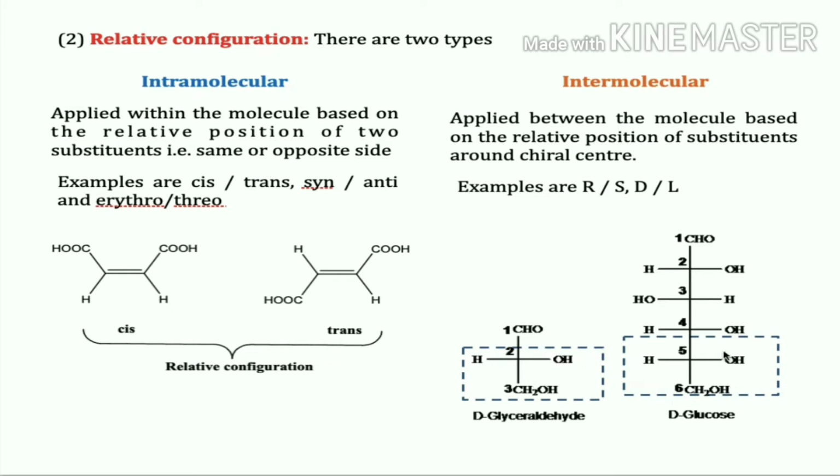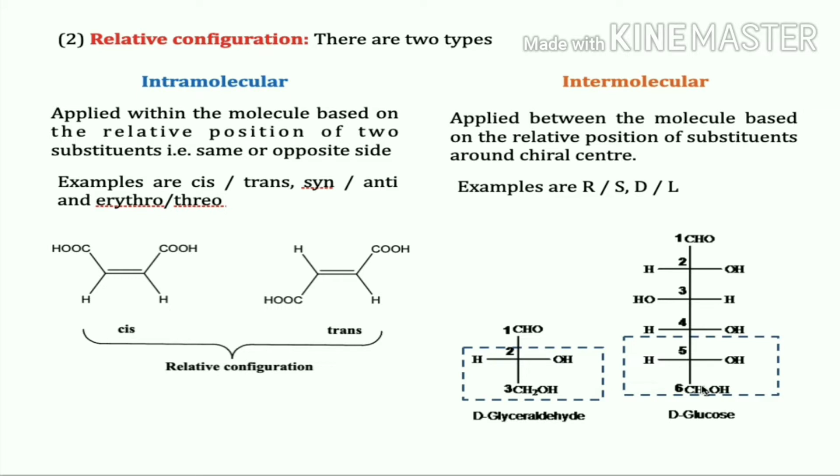On that basis we give the D and L convention. For that, we have taken a standard, D-glyceraldehyde and L-glyceraldehyde. Depending upon the OH group, we give the D or L configuration. So it is an intermolecular configuration, meaning it is between the molecules.